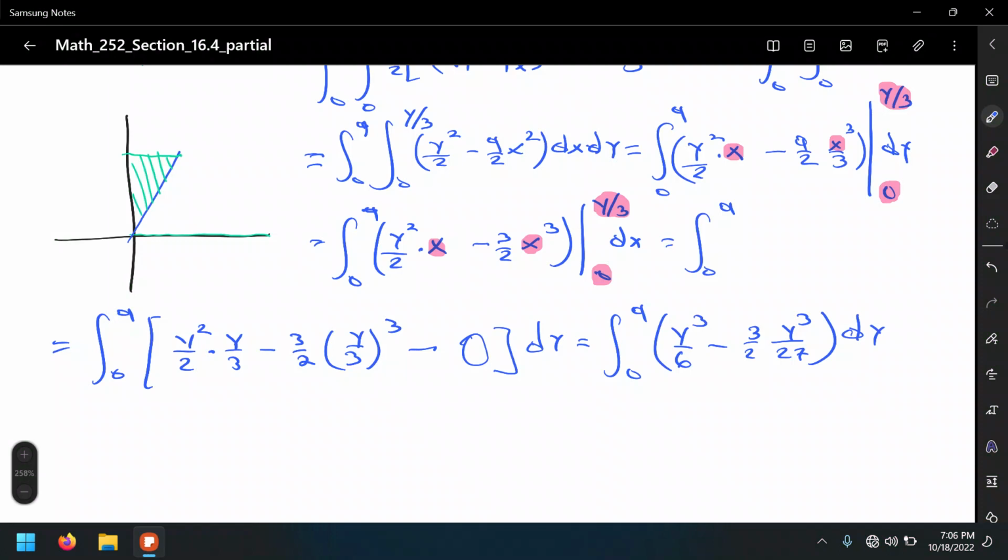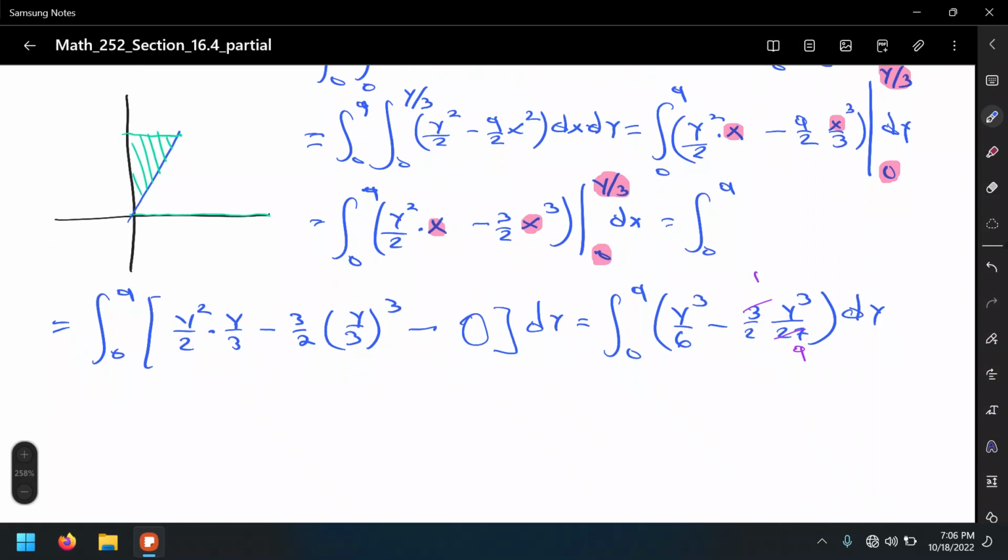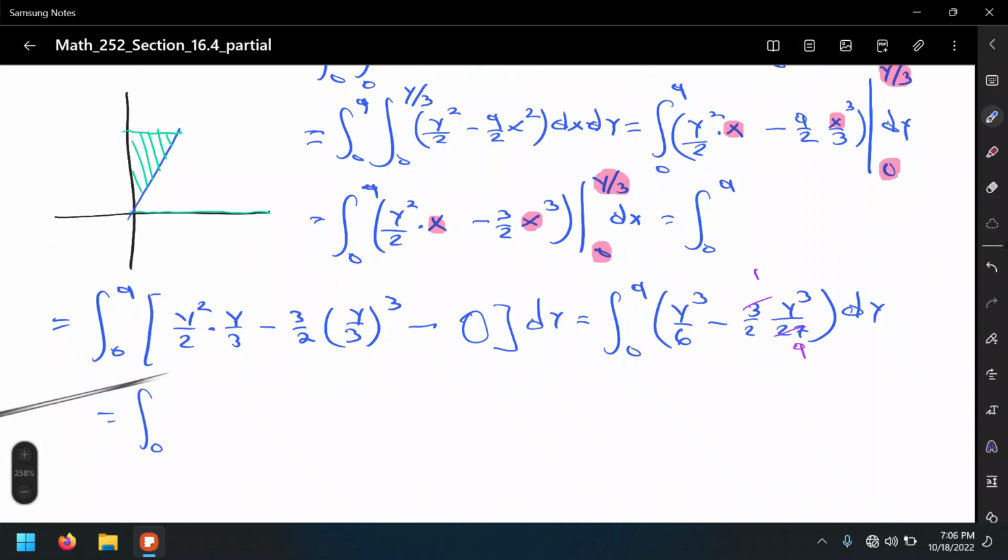Let's reduce the 3 over 27, that's going to be 3 over 9, I think, right here. So that's 1, that's 9, and then 9 times 2. That should be the integral from 0 to 9, y cubed over 6 minus y cubed over 9.